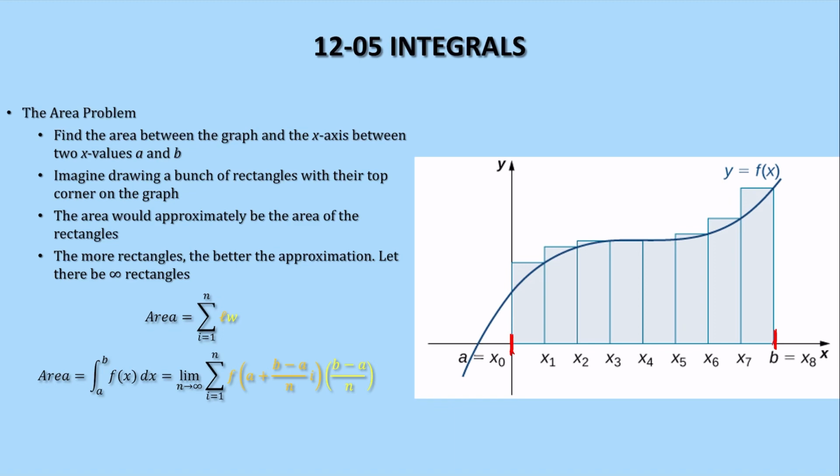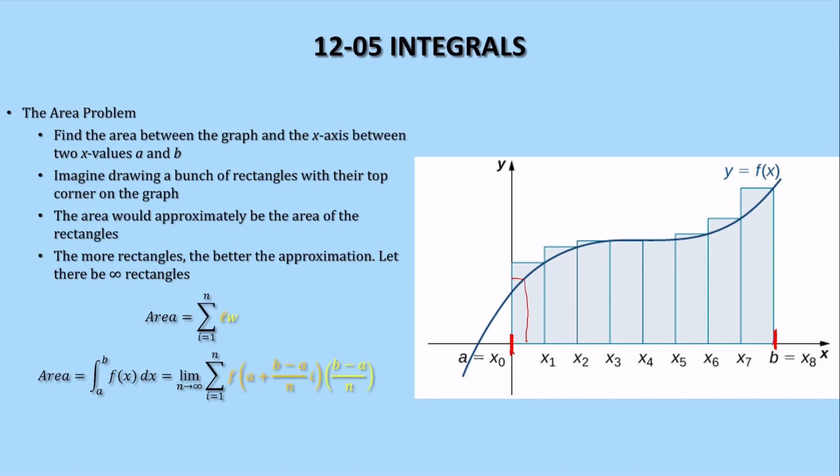So imagine drawing a bunch of rectangles with the top corner on the graph. The area would approximately be the area of the rectangles. Now that'll be an overestimate, of course. But if I put in more rectangles so that they were skinnier, it would be closer.